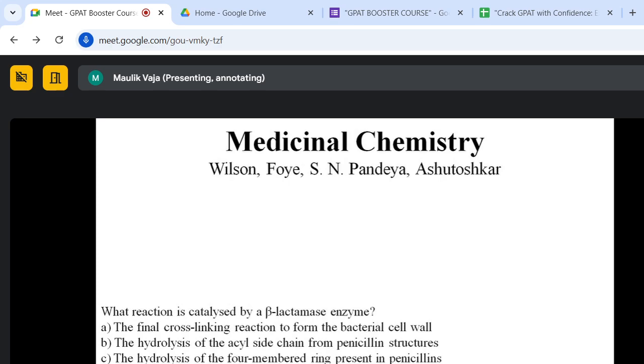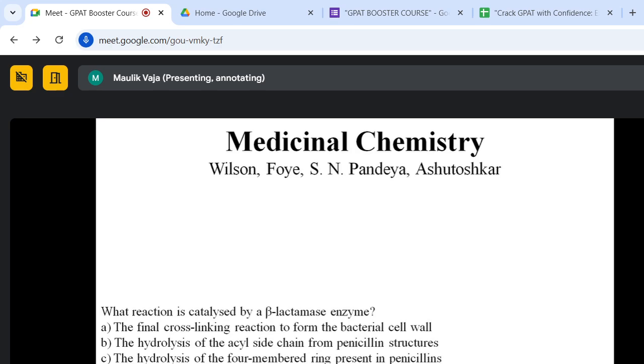Beta lactamase hydrolyzes the four-membered ring, and that's why it inactivates the penicillins. Beta lactamase enzyme in bacteria inactivates penicillin, and that's why we need beta lactamase inhibitors.